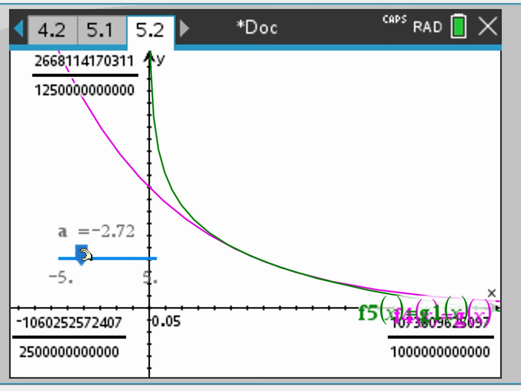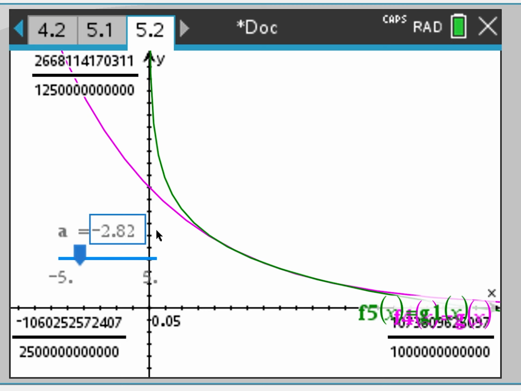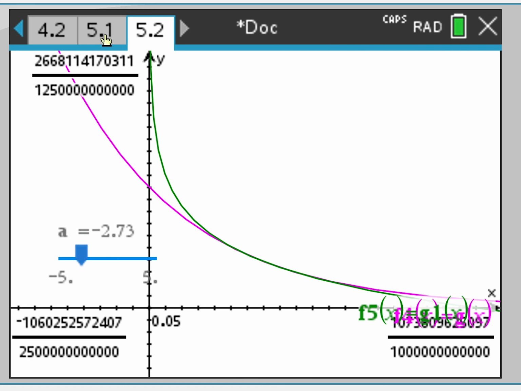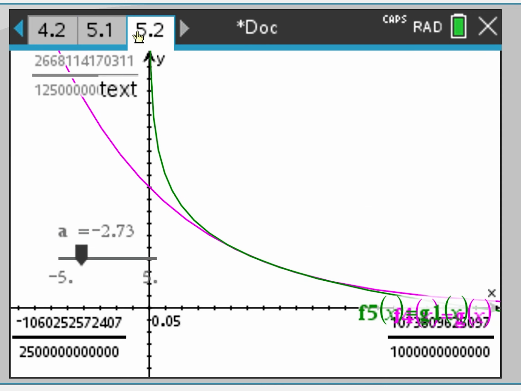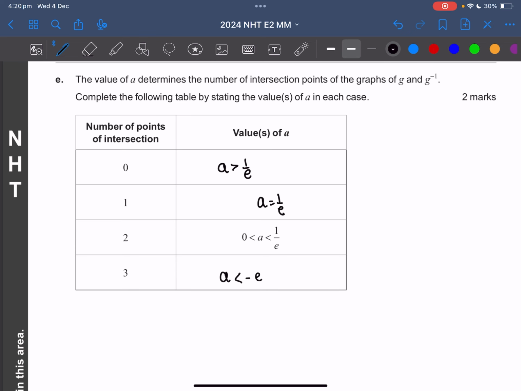So now if I were to decrease the value even by a slight bit, actually let's say 2.73, we should get 3 intersections again. So there we go. Okay. So if a is less than negative e, we will have 3 intersections for the graph. So let's write that down. So a is less than negative e. Okay, so that's that for 3 intersections.